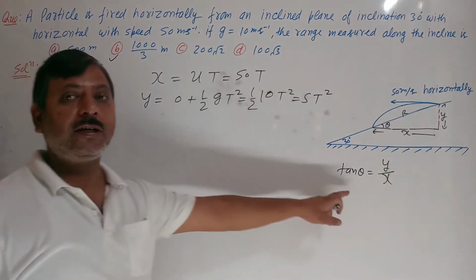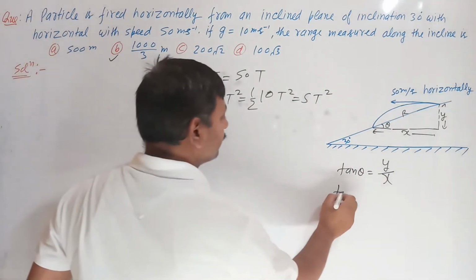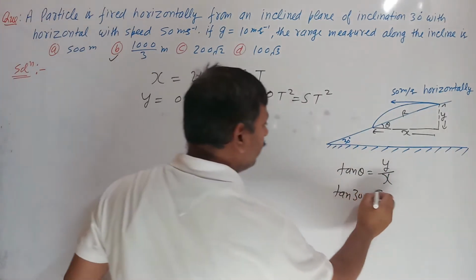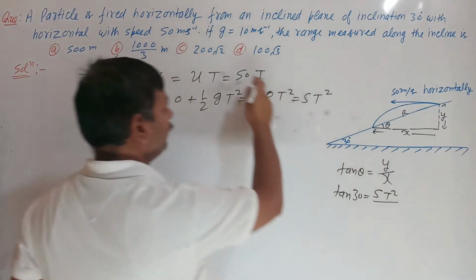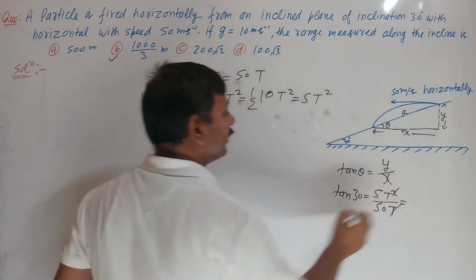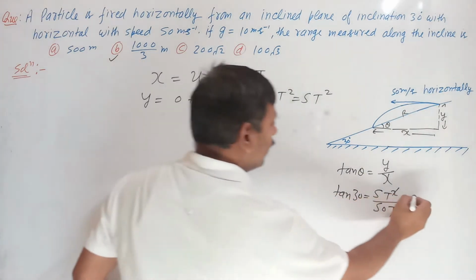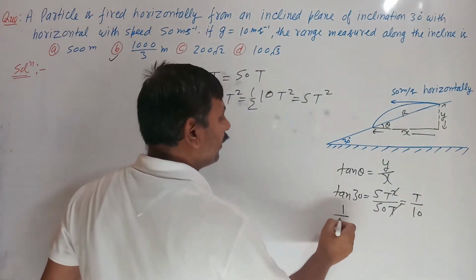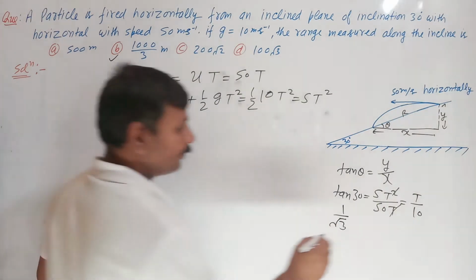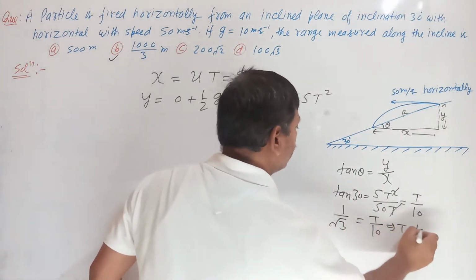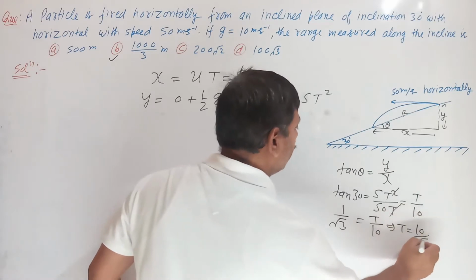So I am putting here tan 30 equal to y upon x, 5t square upon 50t, that is t upon 10. 1 upon root 3, t is equal to 10. So t is equal to 10 upon root 3.